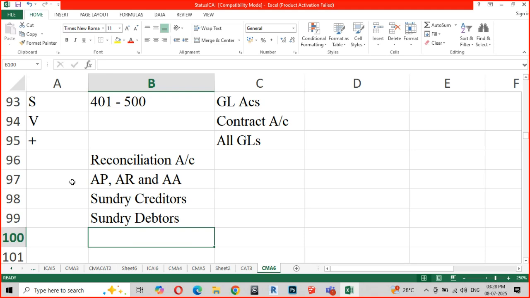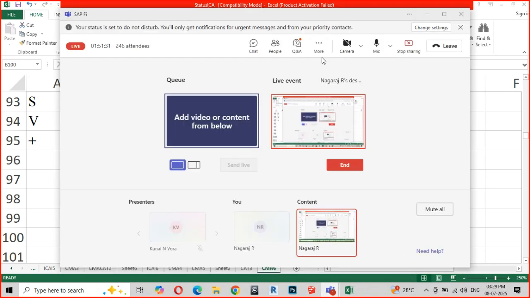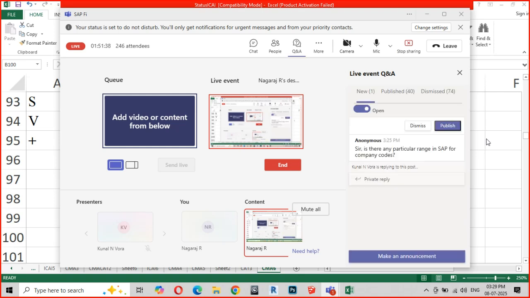Conceptually, I think we have covered lots and lots of topics for today. Do you all agree with me? Don't worry about how the reconciliation happens or how you connect your individual customer and vendor masters to your general ledger.